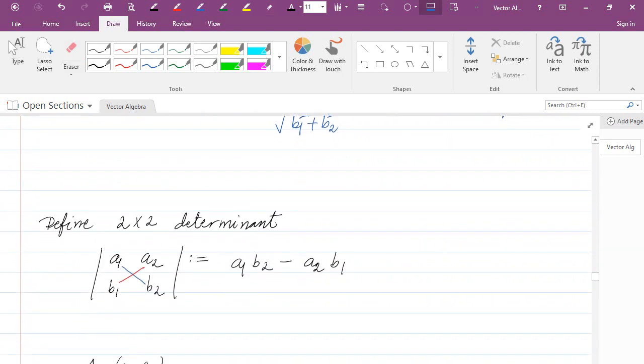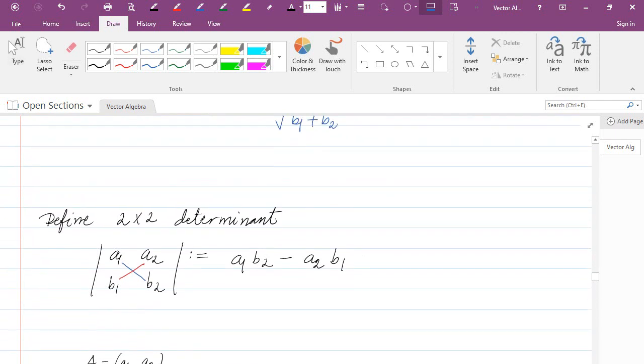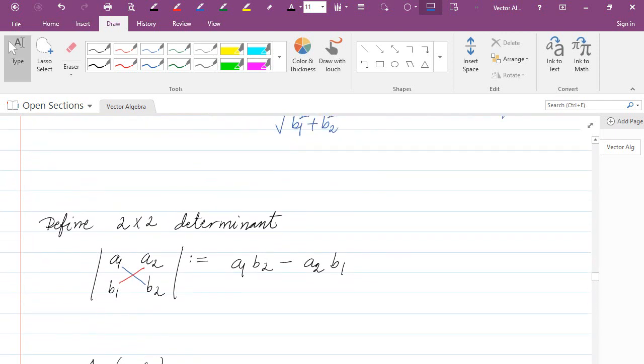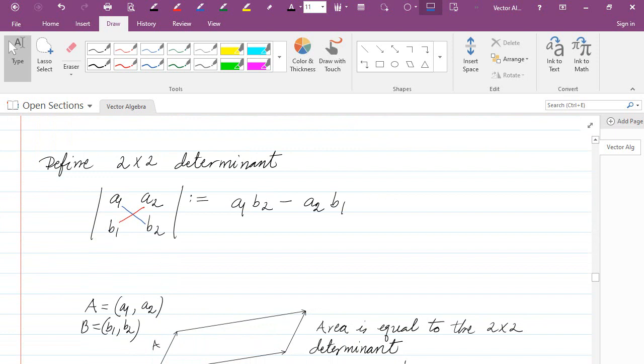So how do we define the 2 by 2 determinant? If I have vectors A and B, where the components of A are A1, A2, and the components of B are B1, B2, then the 2 by 2 determinant with rows A1, A2 and B1, B2 is given by the following quantity.